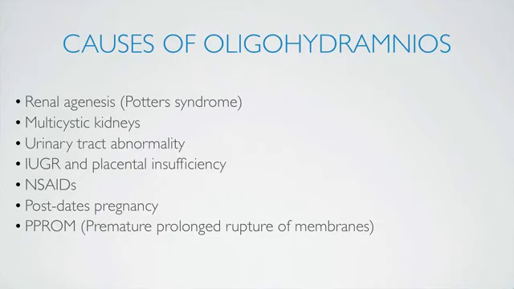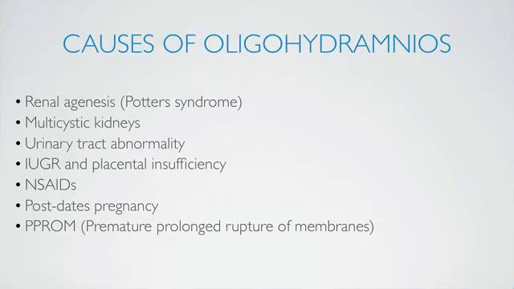And you may or may not be aware that amniotic fluid is a mixture of different fluids, but is mainly the fetal urine. So it is mainly kidney and urological problems of the fetus which cause oligohydramnios. So you've got renal agenesis, multicystic kidneys, or any other urinary tract abnormality. So you could have a urinary tract abnormality causing bladder obstruction, which would result in low amounts of amniotic fluid.